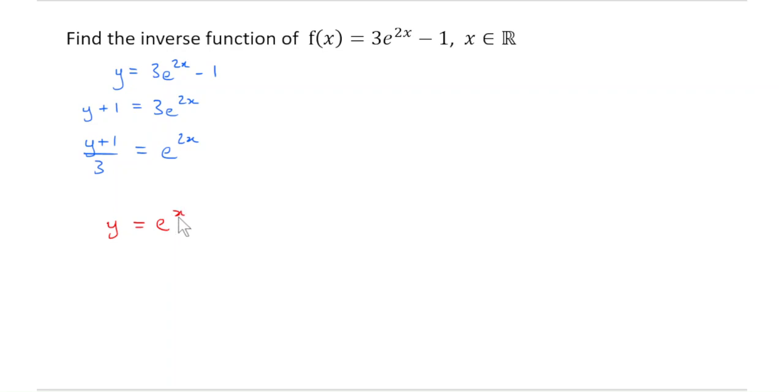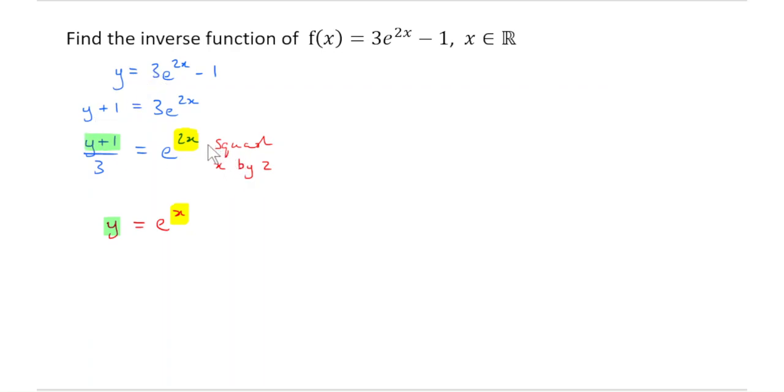What have we done? We have replaced x with 2x. So what does that mean? That means we have squashed in the x direction by 2. Another way you can think about that is you've scaled it by a half. It's the same thing. Secondly, we have replaced y with y plus 1. What does that mean?